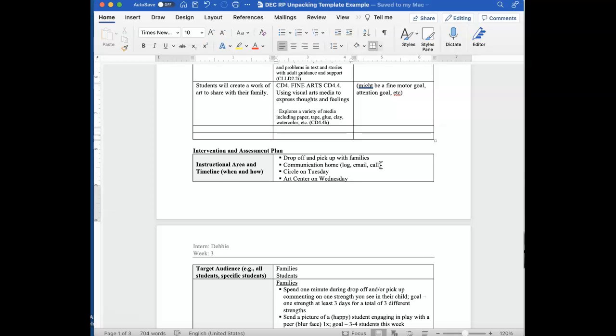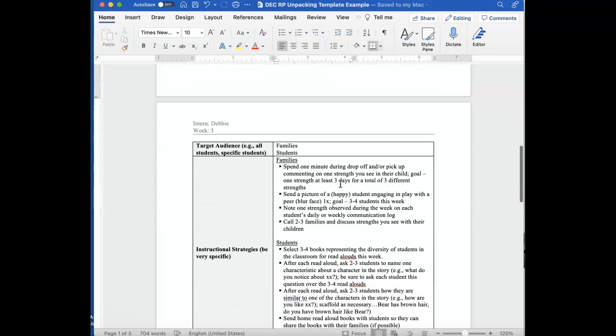For these broader recommended practices, it works. If you get into an instruction or an assessment recommended practice, it might be for one of those small little lessons. It might not apply to the broader sense of what you're doing across the week with your kiddos, but here it does. And that's reflected in the instructional area and the timeline.